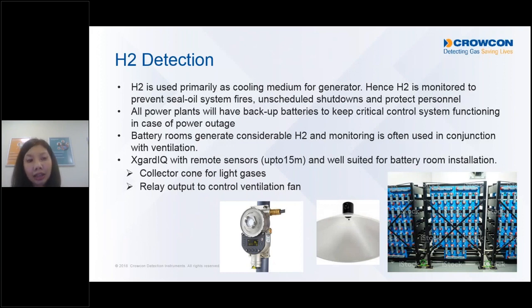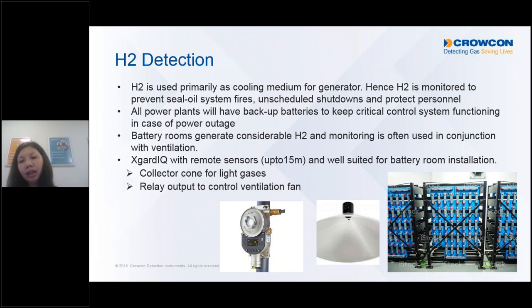In addition to flammable gases and CO2, another common gas that is monitored is hydrogen. Hydrogen gas is used as a cooling medium for generators. Usually it is manufactured on site, to prevent seal oil system fires and scheduled shutdowns.